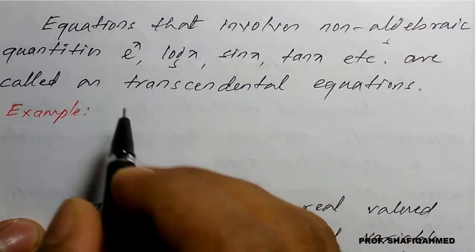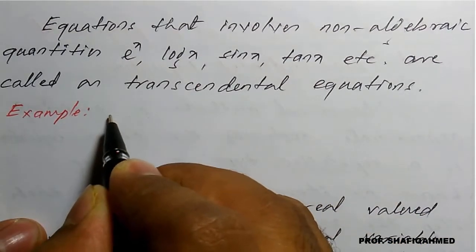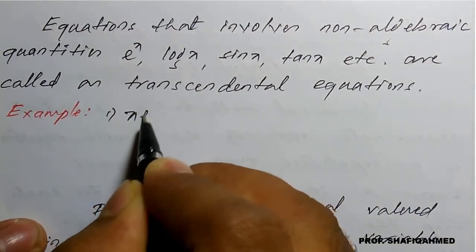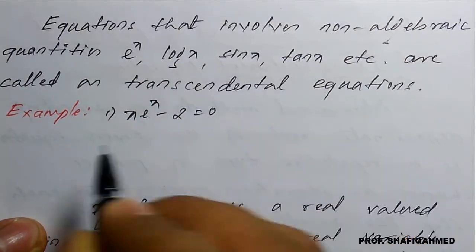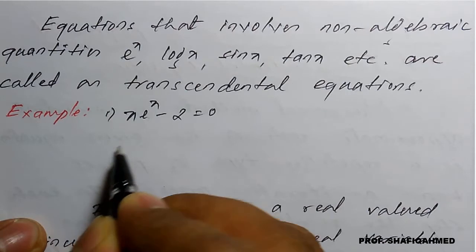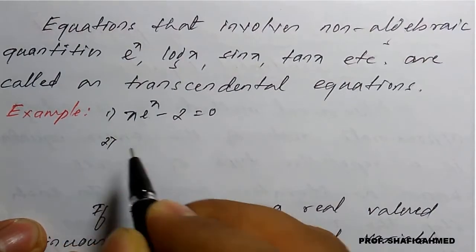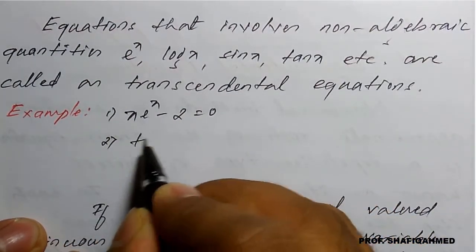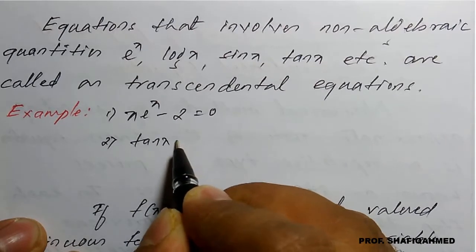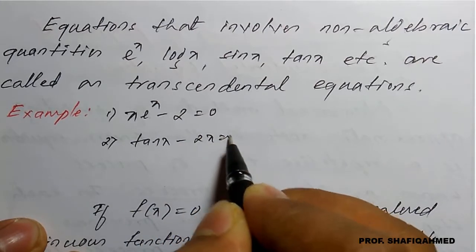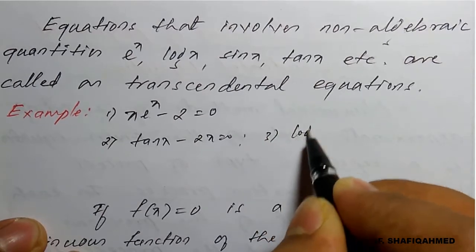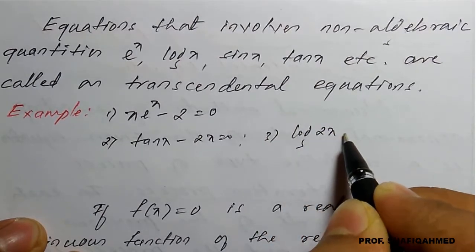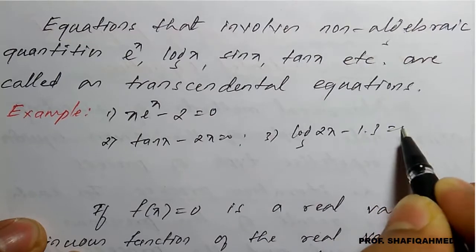For example, x e raised to x minus 2 equal to 0 is one example. The second example is tan x minus 2x equal to 0, or one more example, log of 2x minus 1.3 equal to 0.